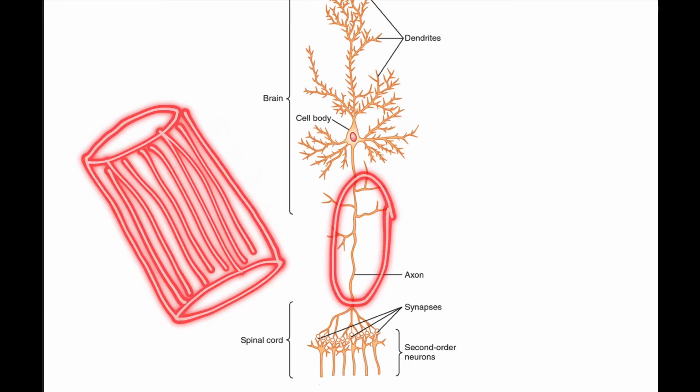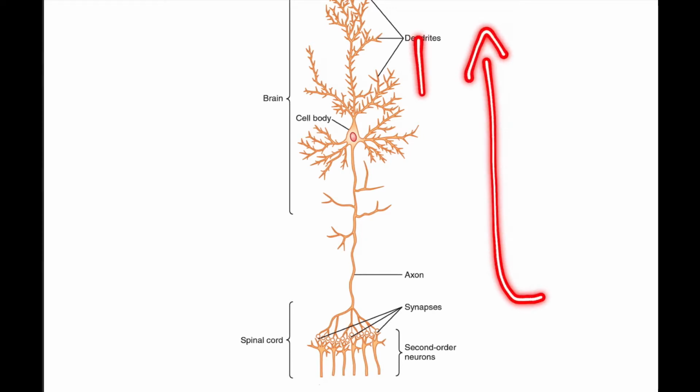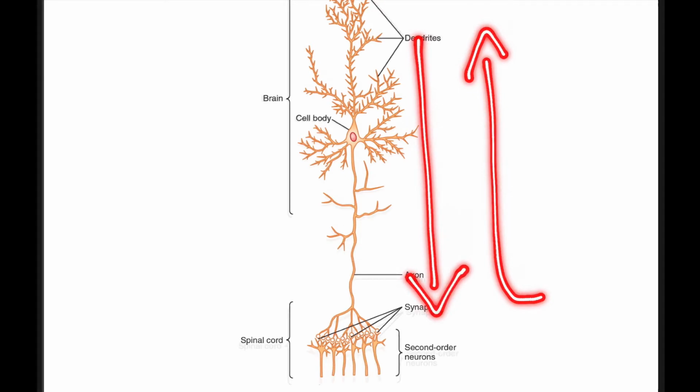This tract will have a common starting point and a common ending point, and will move ascending, up and down, descending in the brain and spinal cord.